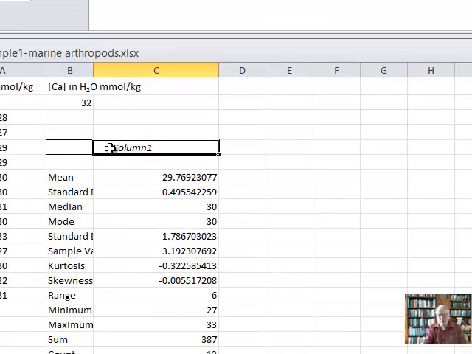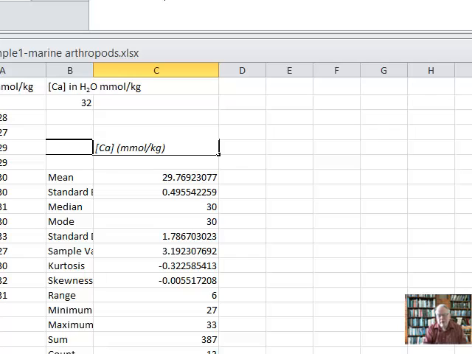I'll replace this column 1 business by CA in square brackets, which to biologists and chemists means calcium concentration, in millimoles per kilogram. And we'll see what we get.